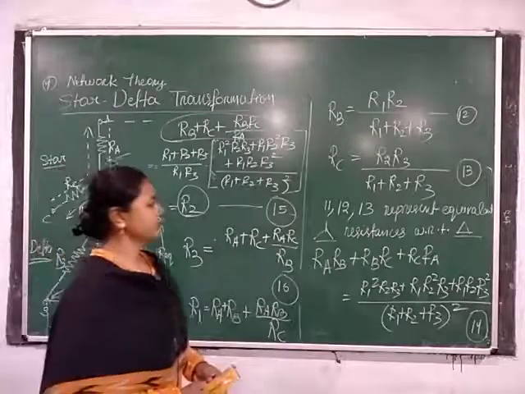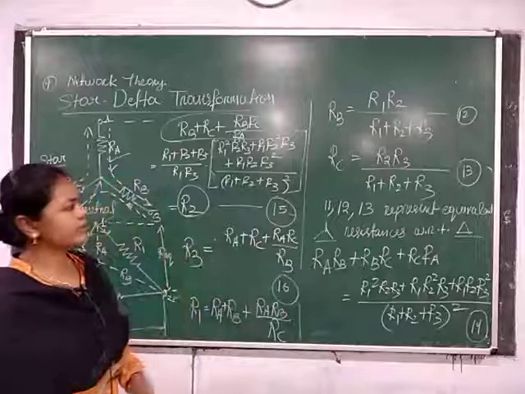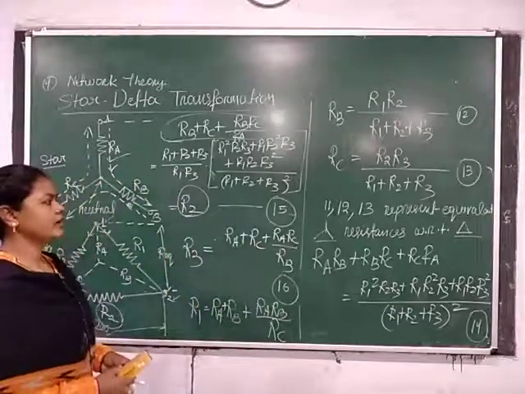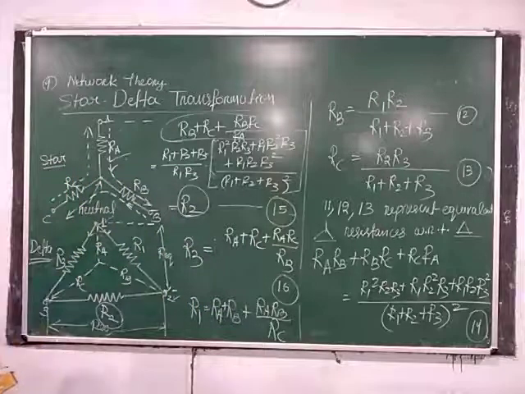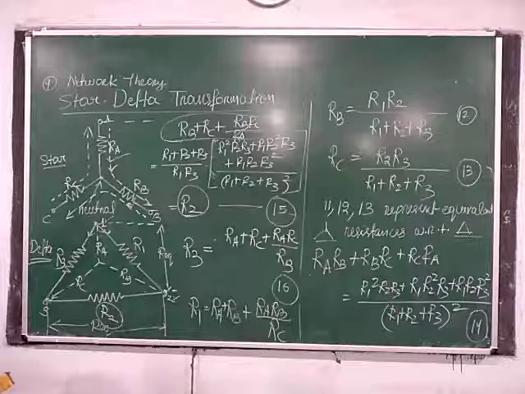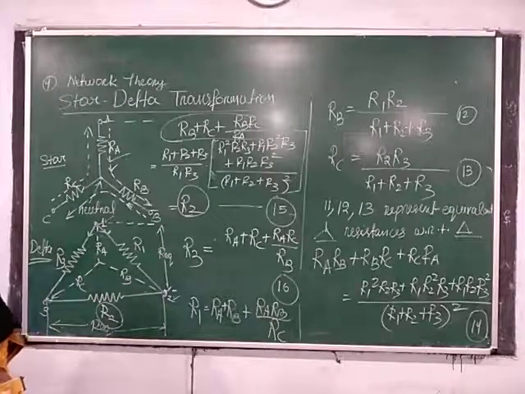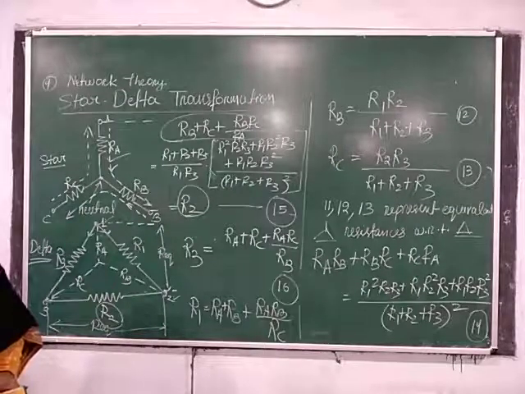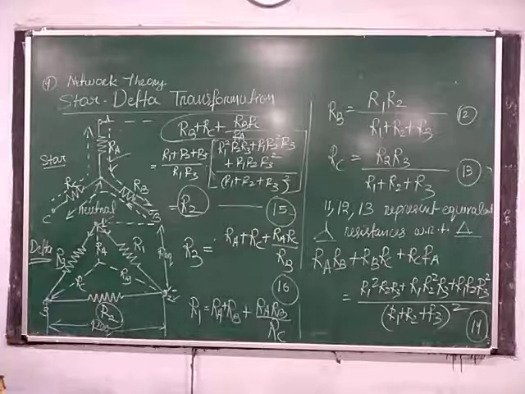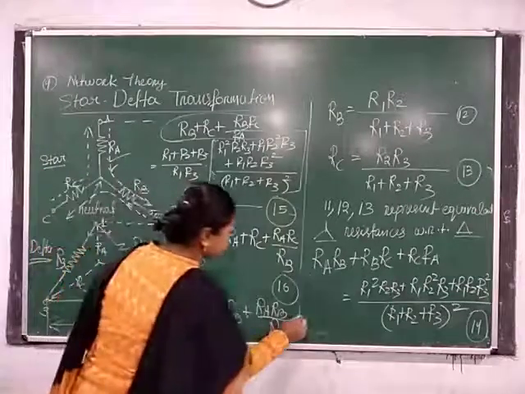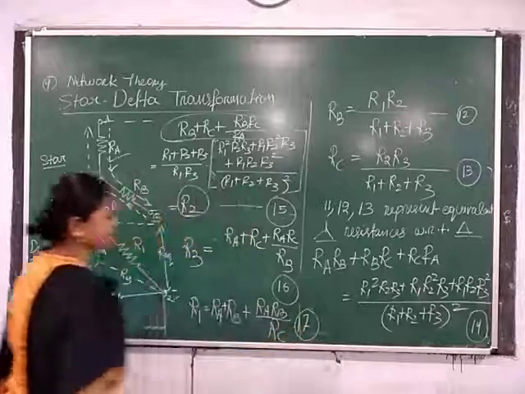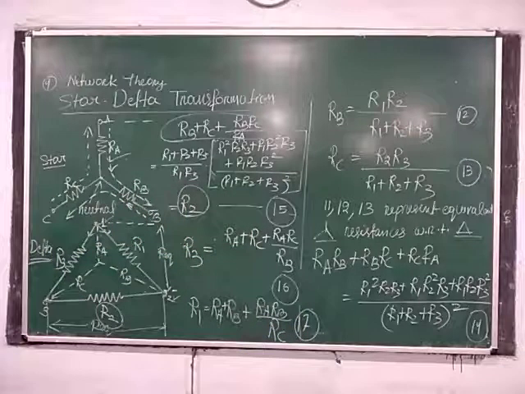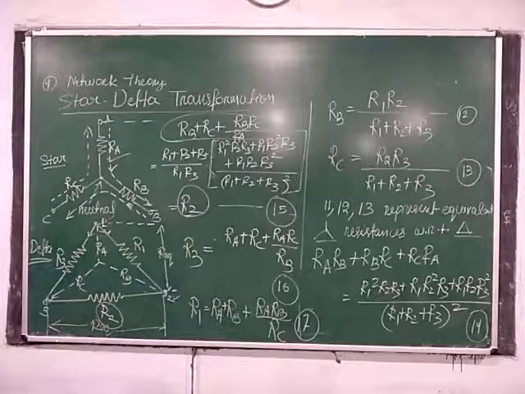So equations 11, 12 and 13 represent equivalent resistances of star connection in terms of delta, or with respect to delta. And equations 15, 16 and 17 represent equivalent delta resistances with respect to star.